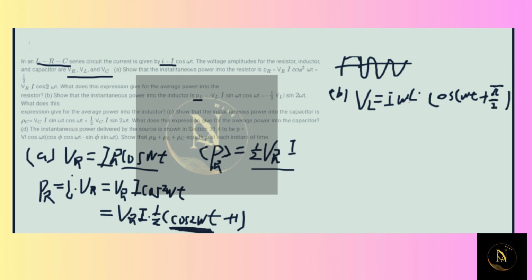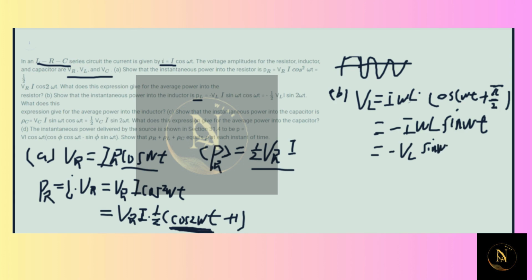Okay. And if you simplify this equation, you'll see that this is equal to negative I omega L sine omega t. Or you can say that this is equal to negative VL times sine omega t.